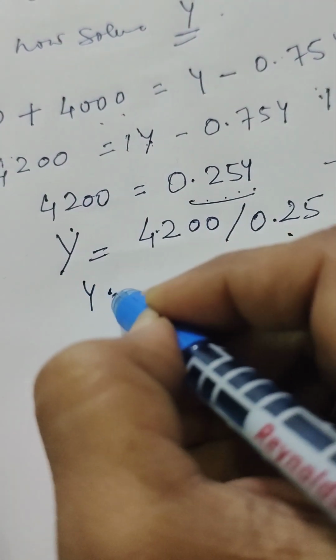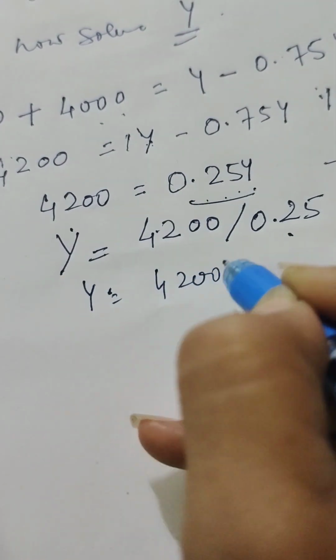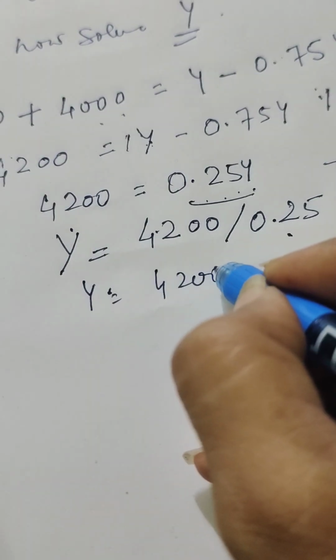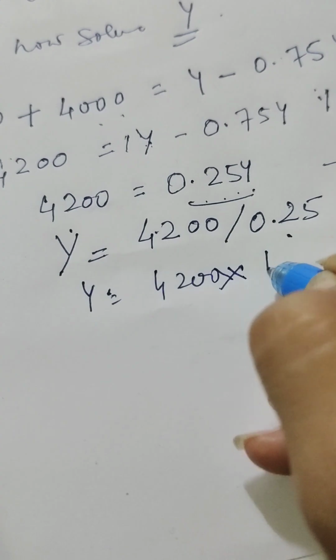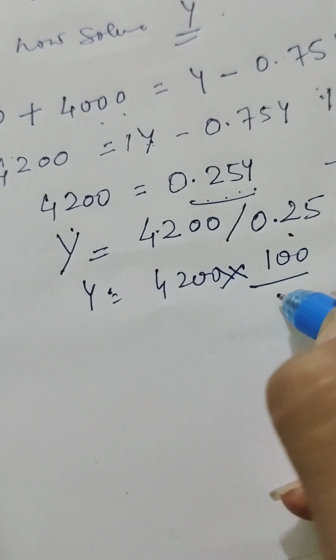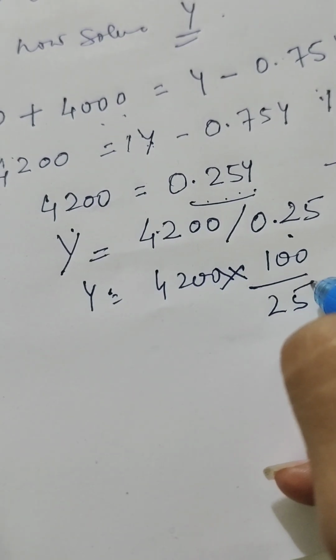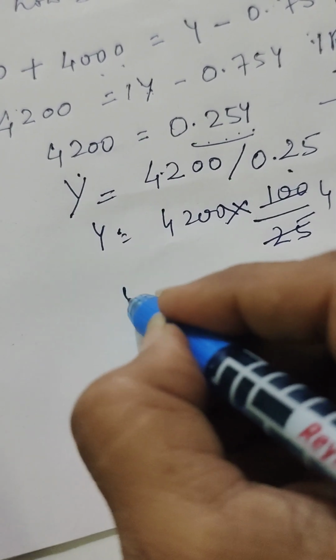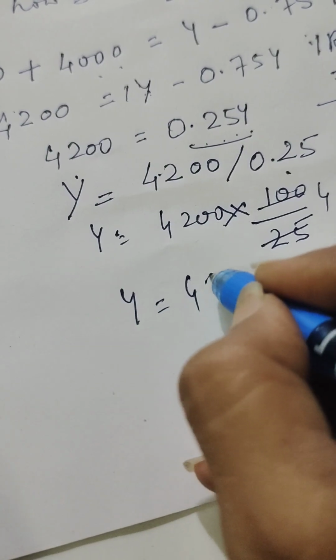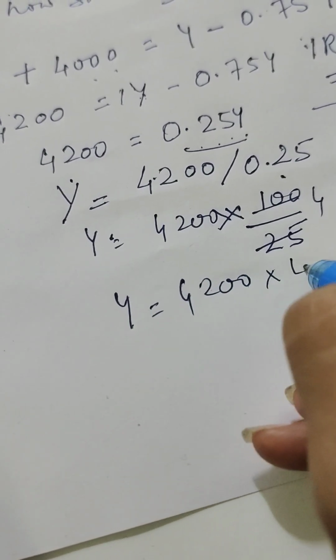Let's work this out a little bit. So y is equal to 4,200 into 100 upon 25. 4 is 100. So y is equal to 4,200 into 4.